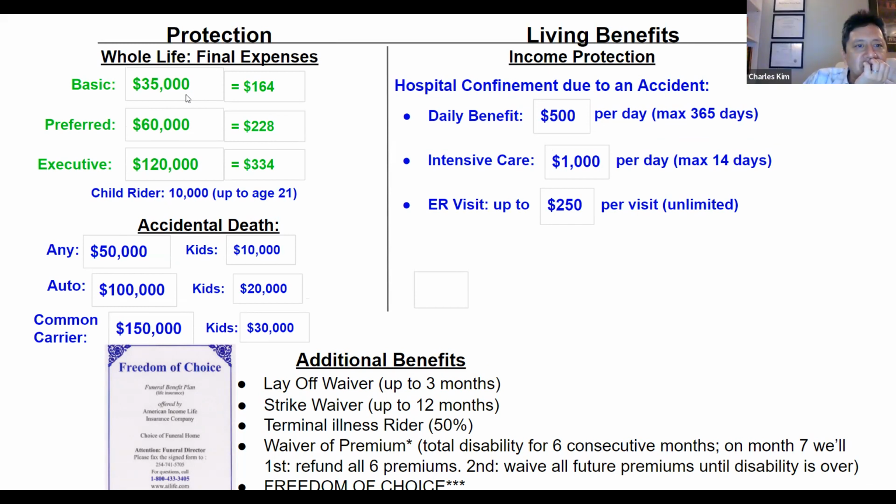Bill? 20. Okay. And the next one after 20, if they can't afford that? 15. And the next one after 15, Jennifer? I said 10. 10. And then after that is 5.